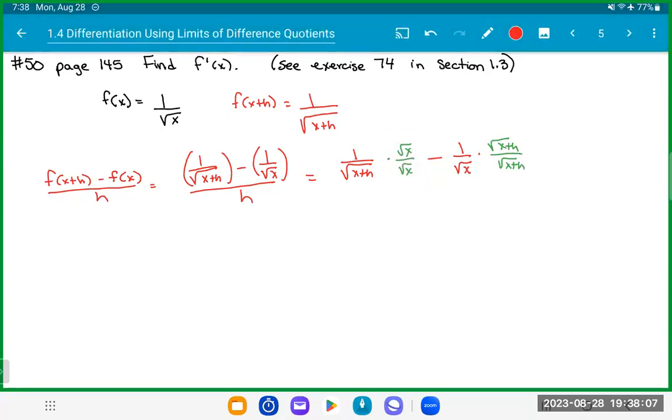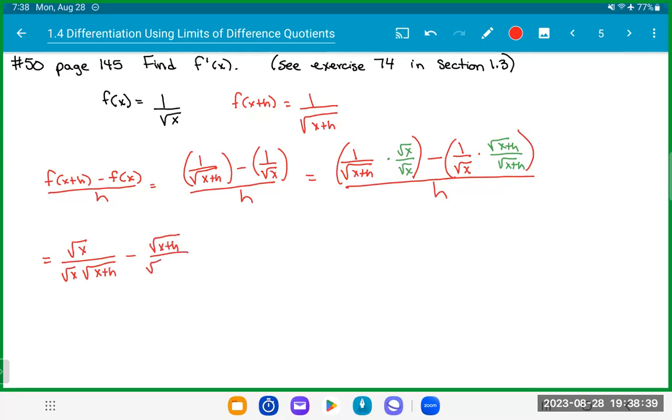Okay, so that's just getting our common denominator there. That's still over h. So when we get that common denominator, it's going to give me the square root of x, because 1 times square root of x is square root of x, minus square root of x plus h, over square root of x plus h, all of that divided by h. Okay?